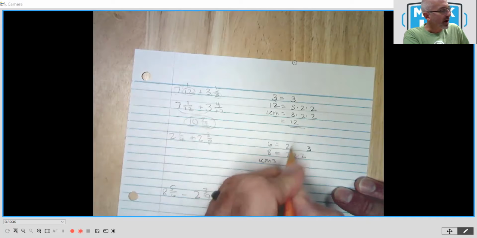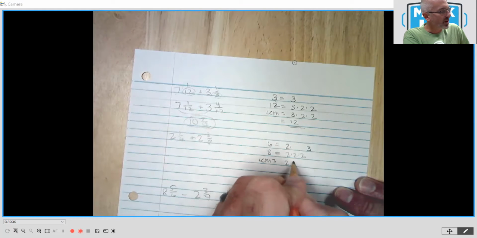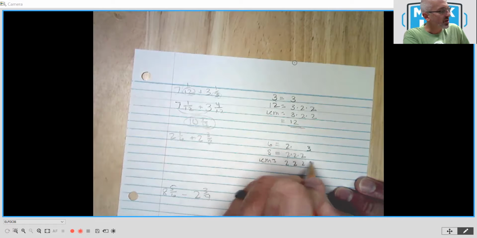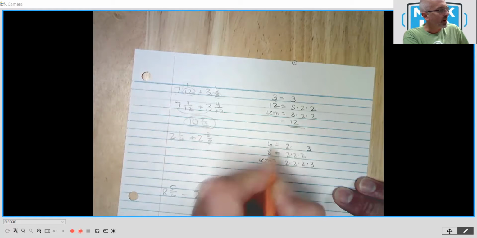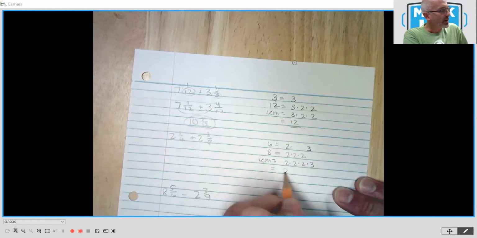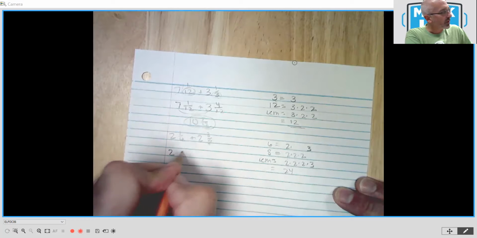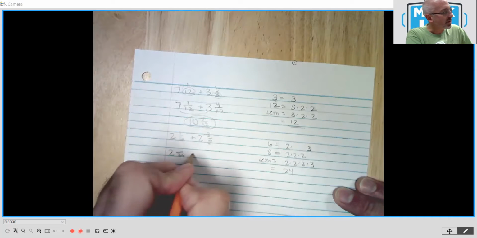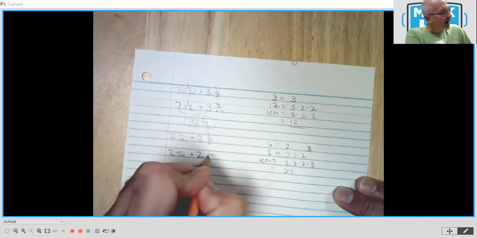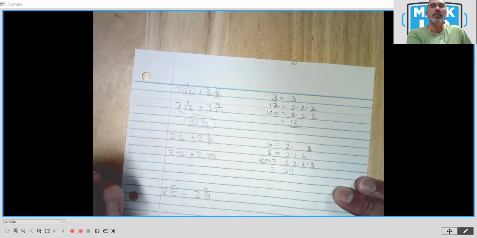So now we're going to find our least common multiple. We're going to bring down our factors. Remember, they line up. Take 1 from each column: 2, 2, 2, and 3. So our least common denominator is 24 because 2 times 2 times 2 times 3 is 24. So now we are going to rewrite these mixed numbers with the fractions having a denominator of 24.